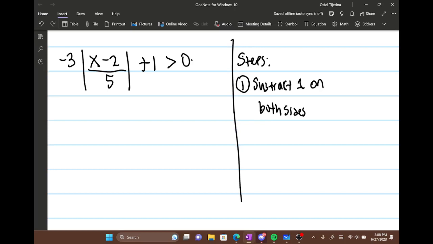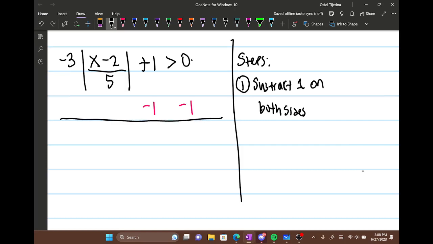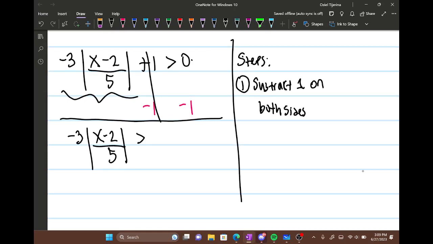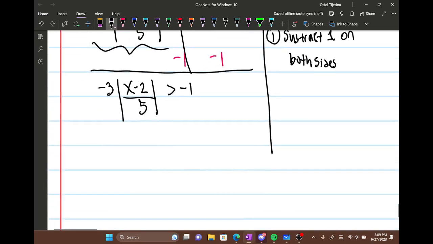Let me draw this line here to separate. So -1, -1. The reason I'm writing it like that is because there's a big absolute value symbol. This cancels out, and I bring this down. I have -3 times the absolute value of (x minus 2) over 5 is greater than -1.